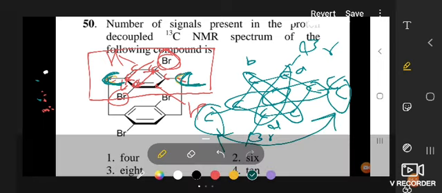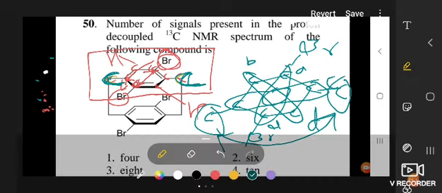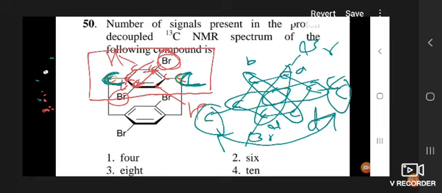So there are four different sets, that means four different C13 NMR signals are possible. On the basis of that, we can say that in the given compound there are four C13 NMR signals. That means the proton decoupled C13 NMR spectrum of this given compound shows four signals.